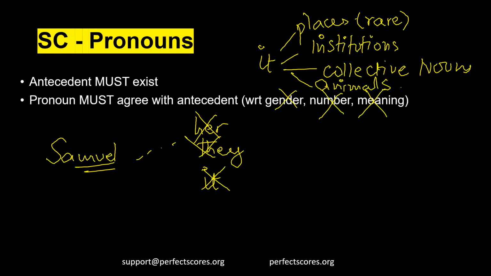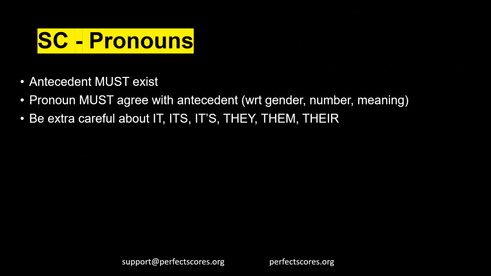The third rule, you need to be extra careful about it. This refers to it, they, them, and their. So this is a very important rule. Again, these three are equally important rules. But this one is much easier to identify, but it's something that students usually skip because these words are so small and they get lost in all the other big words that are around them.